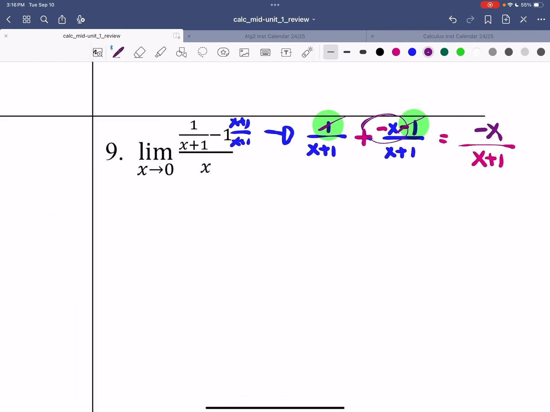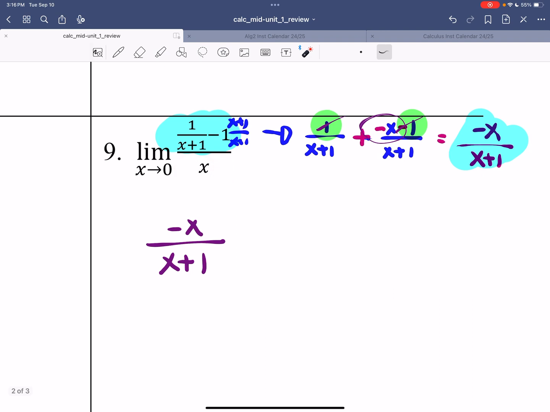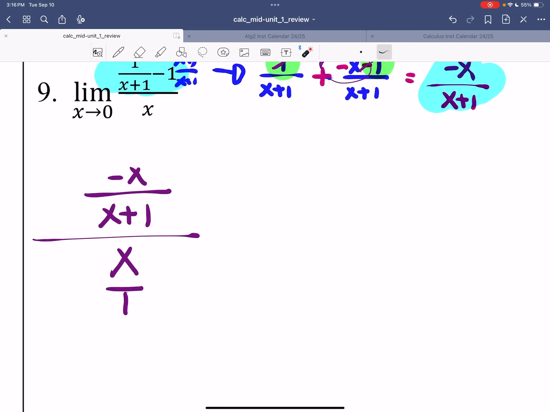All right, so we just simplified the top. So let me rewrite it. It's going to be negative x over x plus 1. Now let's do the bottom. So over x, and then over 1. I just changed x into x over 1.